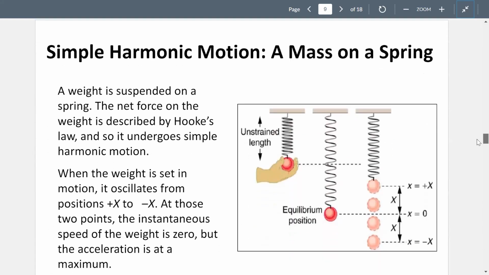So here's a visual of a simple harmonic oscillator or simple harmonic motion. That's our mass on a spring. So you can see on the far left, it's not being stretched at all. Once you let it go, it will stretch and establish an equilibrium position.